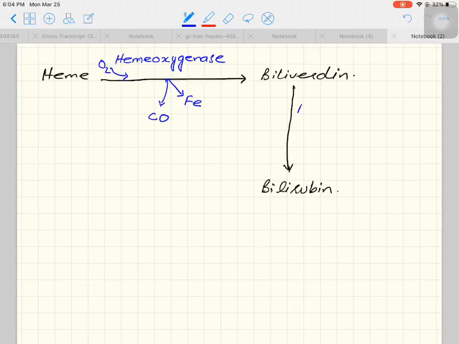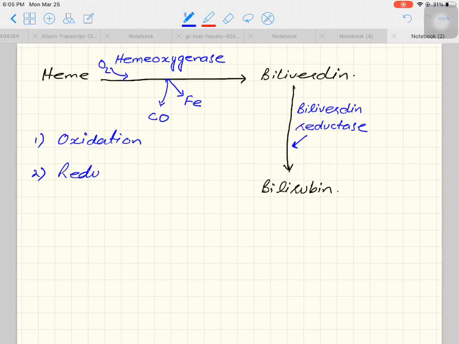And here the enzyme which works is biliverdin reductase, which converts the biliverdin into bilirubin. The first reaction is called an oxidation reaction, oxidation of heme. And the second is a reduction reaction, reduction of biliverdin.